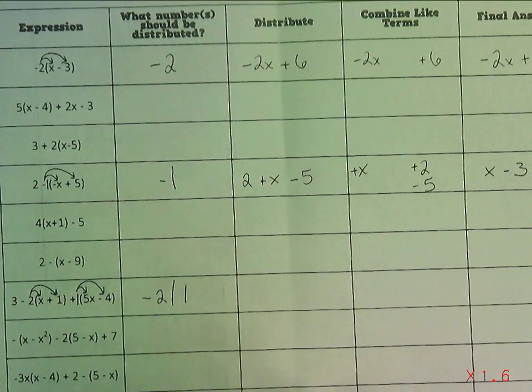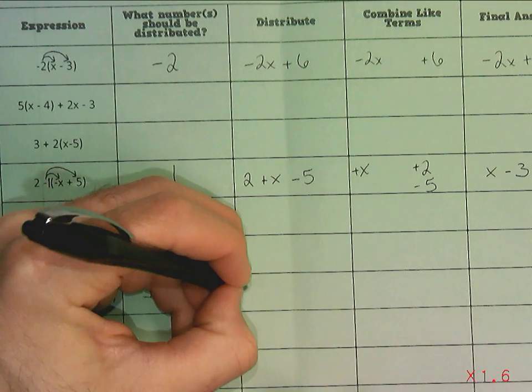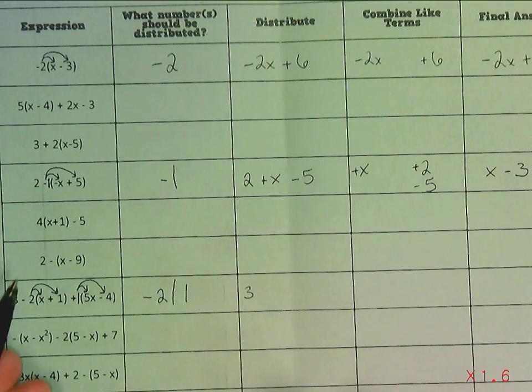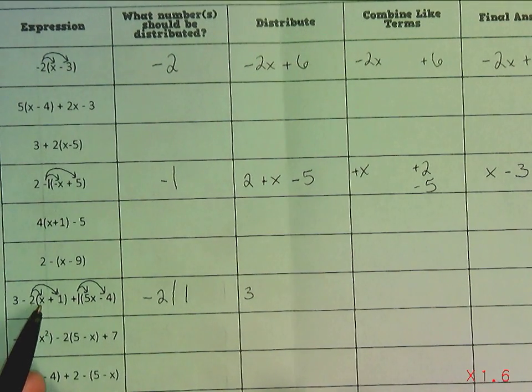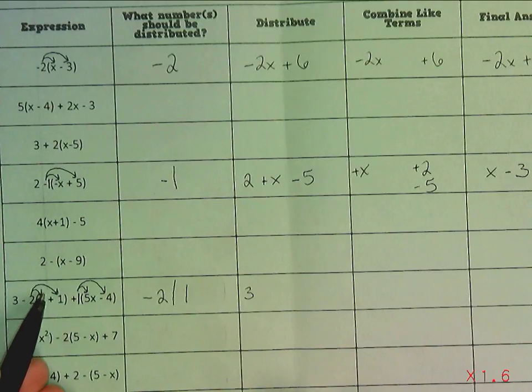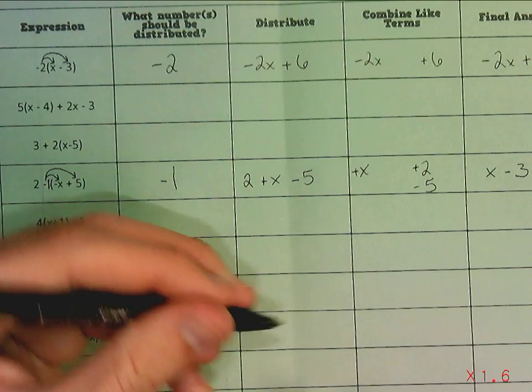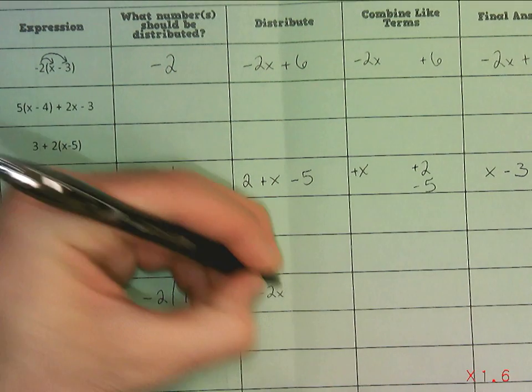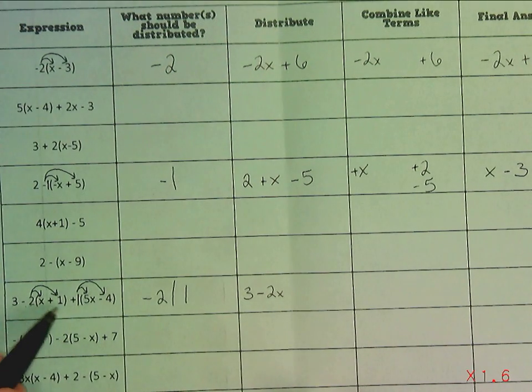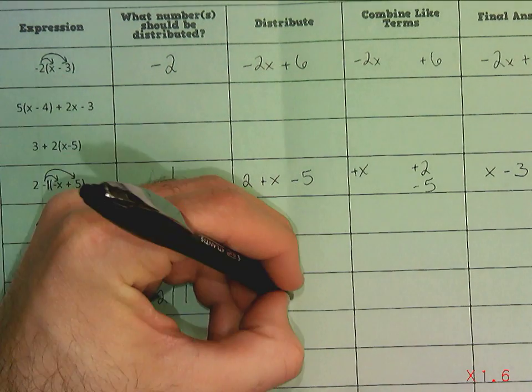So if I do the distributive property then, I'm going to do 3, because that's still there, negative 2 times a 1x. So I'm looking at the coefficient, there's a 1 there. Negative 2 times 1 would be a negative 2. So minus 2x. Negative 2 times a positive 1 would be a negative 2.